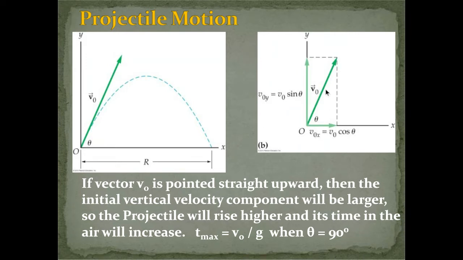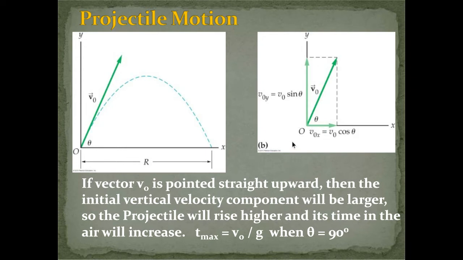equals the magnitude of the initial velocity times the cosine of theta. And then to get the initial velocity in the y direction, V sub 0y or V naught y, we take the magnitude of the initial velocity and multiply by the sine of theta. So we break up, or decompose, the initial velocity vector, the total velocity, into its x and y components.